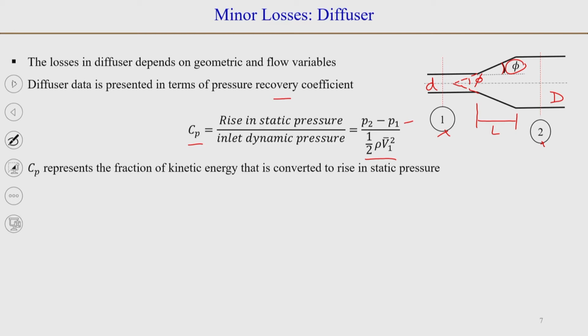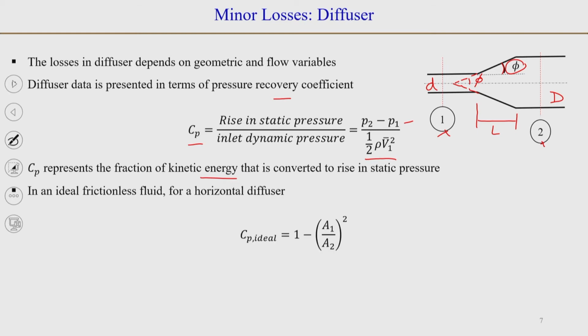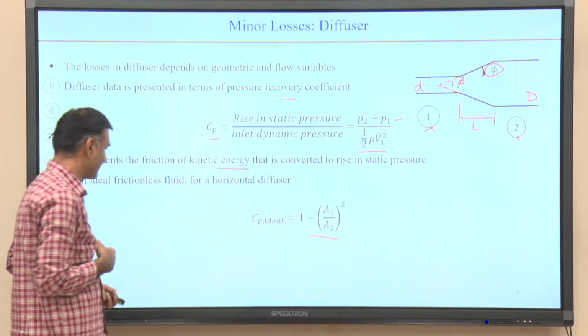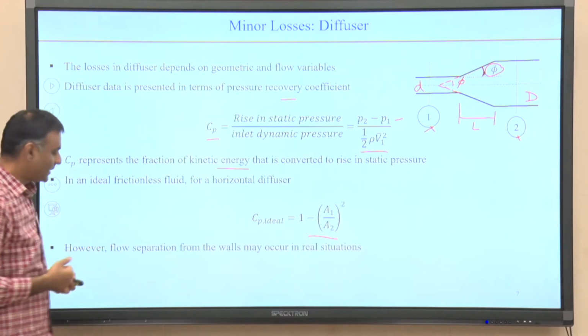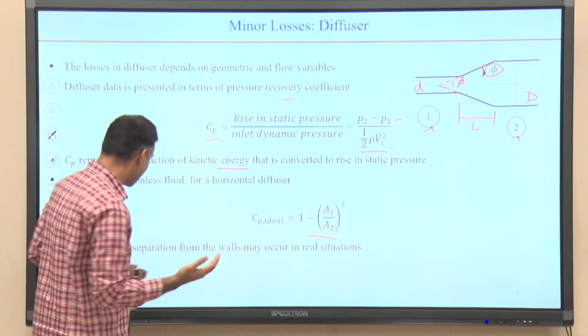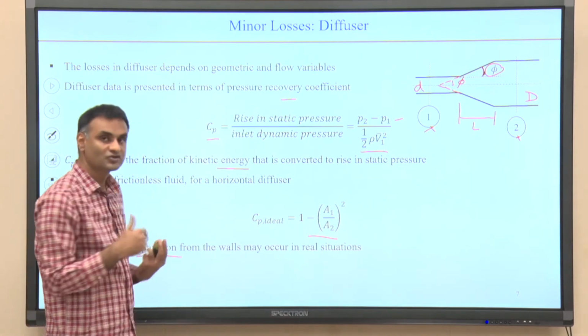Theoretically it represents the fraction of kinetic energy that has been converted to pressure, and if the fluid is ideal, then you will ideally be able to recover this pressure later on. This can be defined further. If you write down P2 minus P1 using Bernoulli's theorem, you will get this relationship using A1 V1 equal to A2 V2 for an ideal fluid. But the world is not ideal; you have a lot of flow separation.